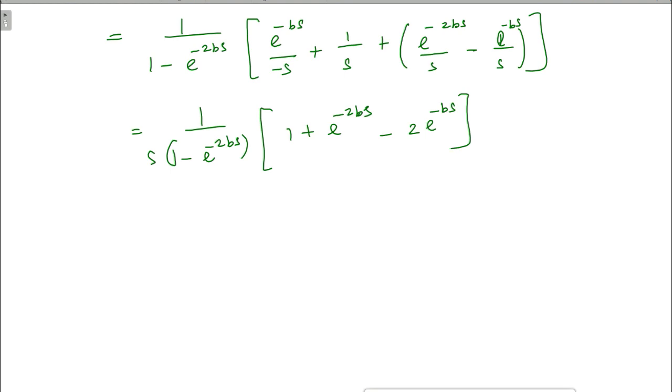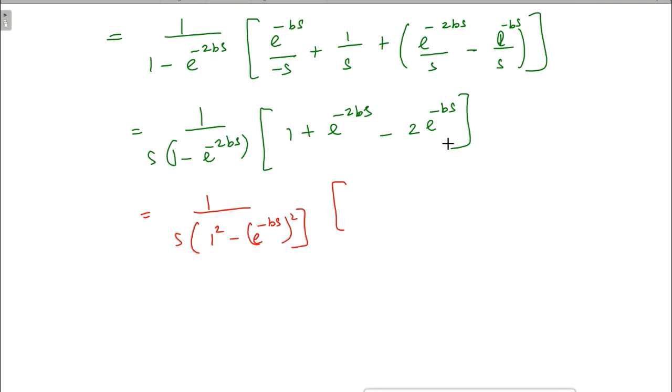Now I am going to simplify these terms. 1 by s, I am going to rewrite this term as 1 square minus e power minus bs whole square.